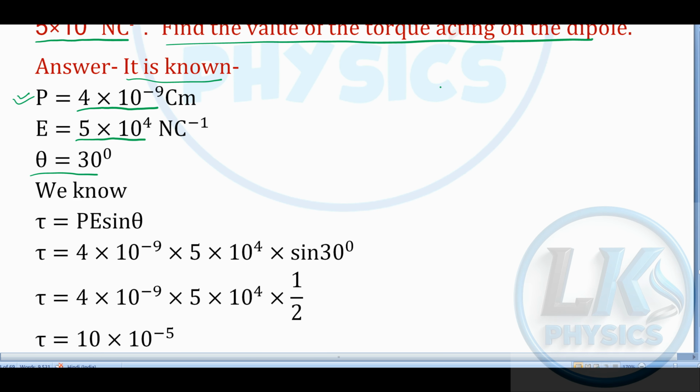So the formula of torque is tau equal to PE sine theta. By putting the values, P is 4 into 10 raised to power minus 9, E is 5 into 10 raised to power 4, and sine 30 degree.